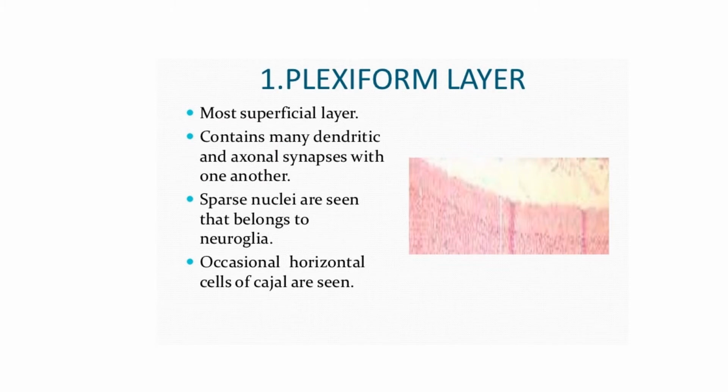Now, what are the components of the plexiform layer? It contains the dendritic and axonal synapses with one another, and there are very few nuclei seen, which belong to neuroglia, and an occasional neuron, the horizontal cells of Cajal.